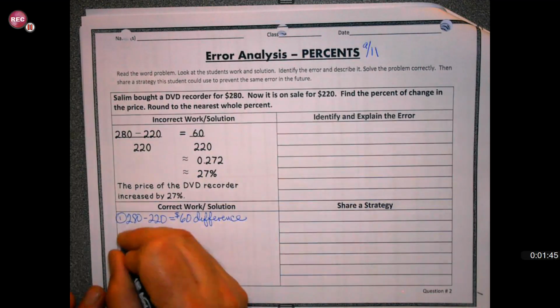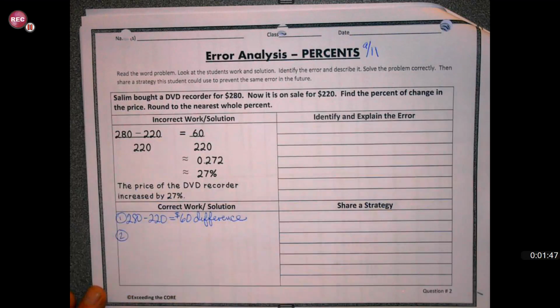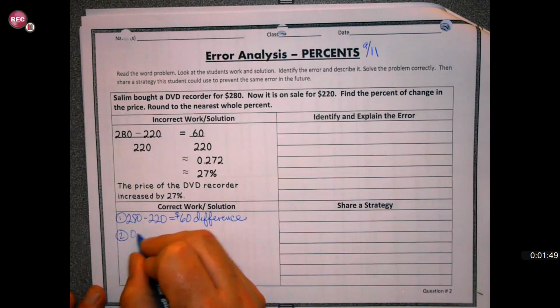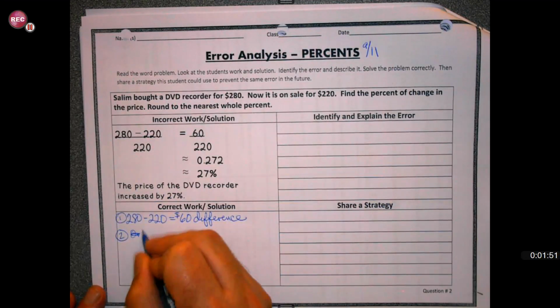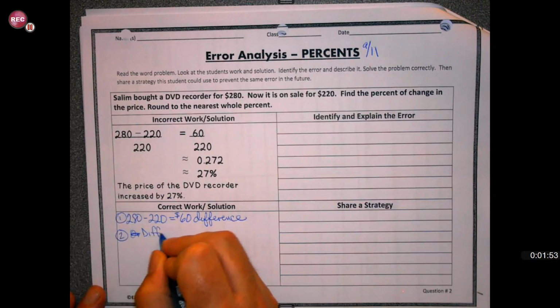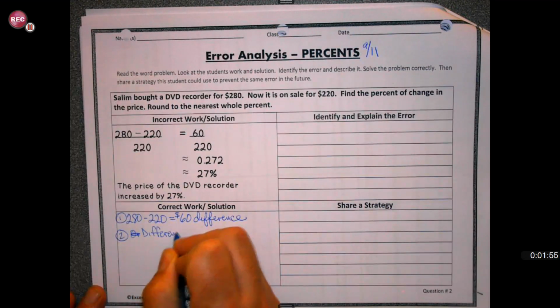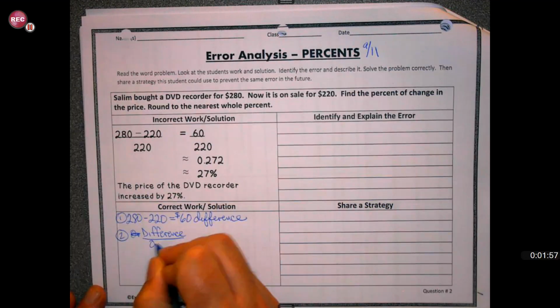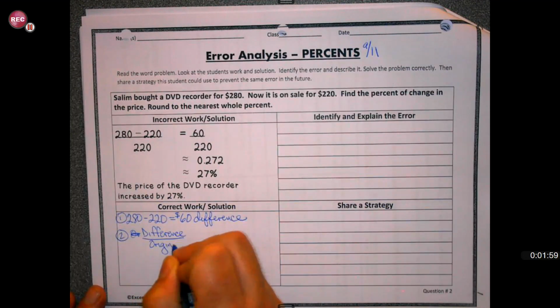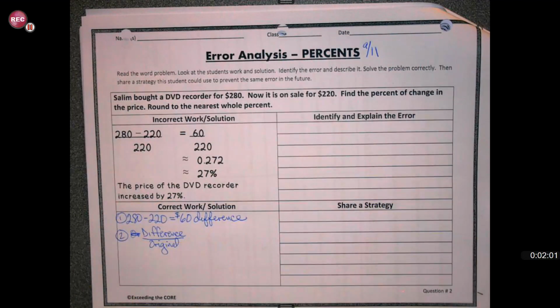So when we go to do the percent of change, it's always, oops, I almost got that backwards. It's always the difference divided by whatever the original price or cost, depending on what we're doing.